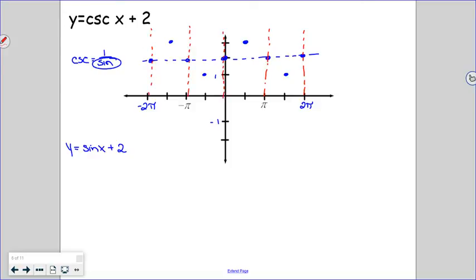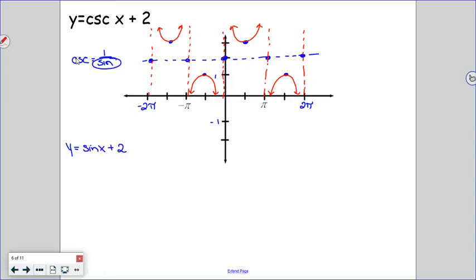Not optional. So asymptotes are not optional, and then your parabolas. You just need one dot for it. The dot that's already there, I use that to be the vertex of my parabola, and your parabolas must alternate and go away from your midline. There's a vertical shift. Questions?